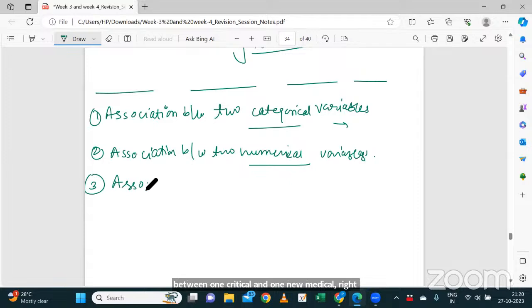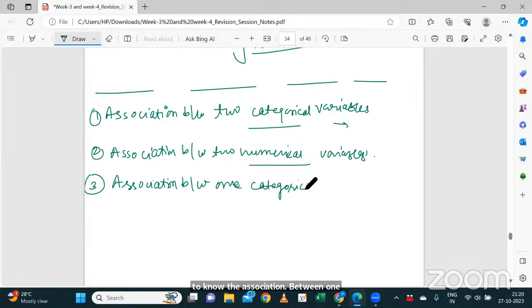So there is one method to know the association between one categorical variable and one numerical variable. For this, we have a method called the point biserial method.